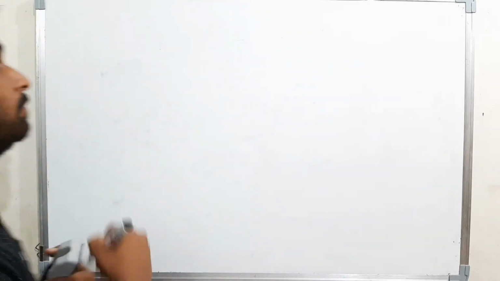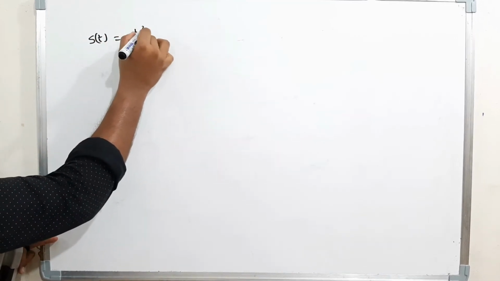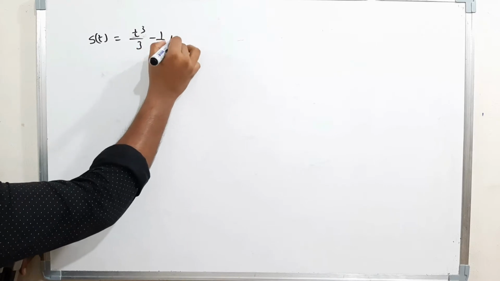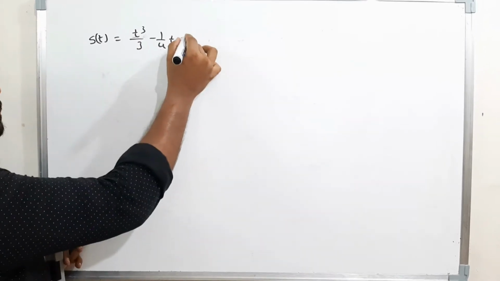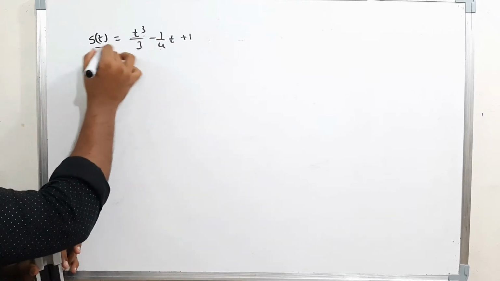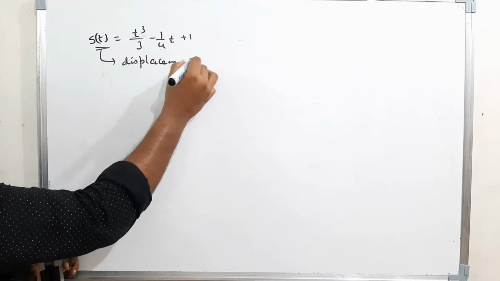In this video we are going to see a few problems on the maximum and minimum concept. We will see the first problem. S of t is equal to t cubed by 3 minus 1 by 4 t plus 1, where S of t is nothing but the displacement.